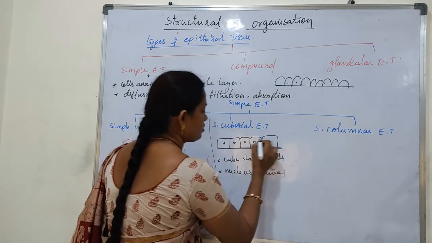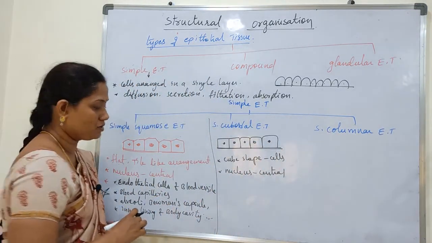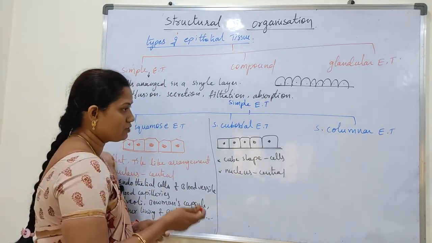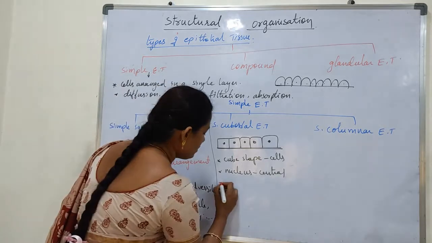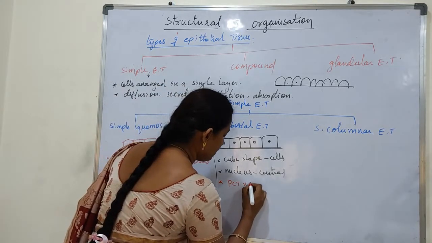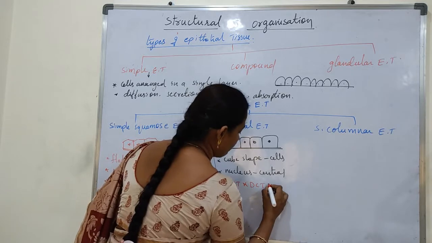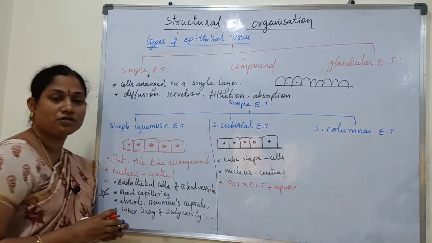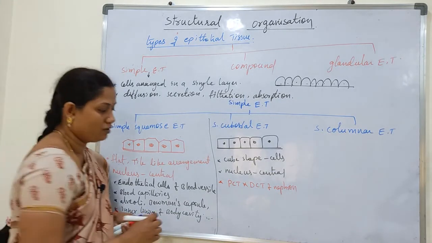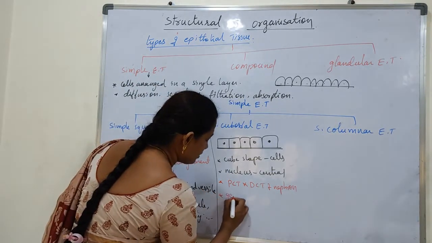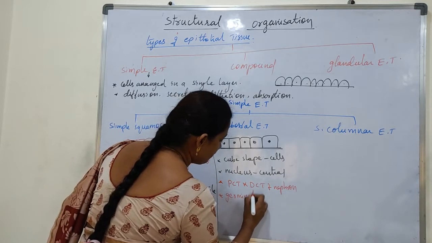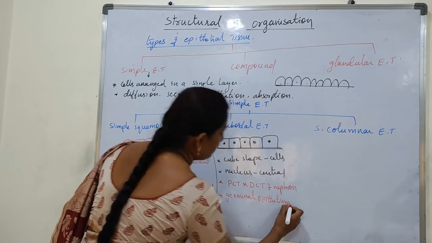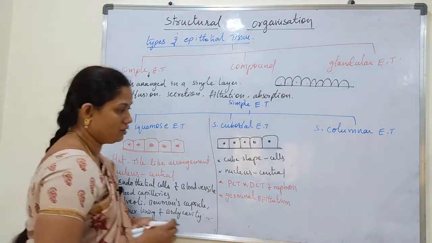Next, location is very, very important. It is present in the PCT and DCT of the nephron, the proximal convoluted tubule and distal convoluted tubule. Next, germinal epithelium is also made up of cuboidal epithelial tissue.